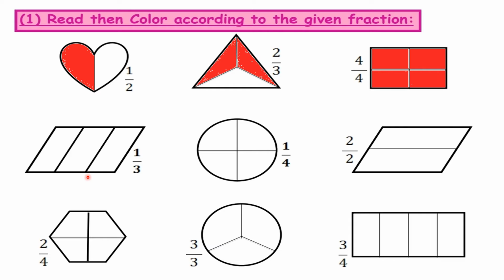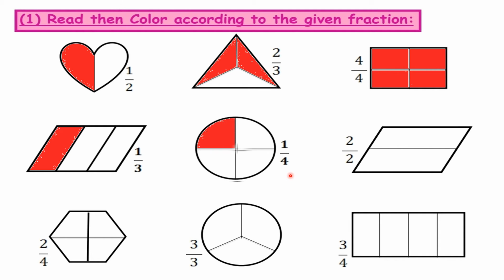Look here, divided into 3 equal parts, and I want to color 1 out of 3, so I will color only 1 part. And here I have a circle divided into 4 parts, and I want to color 1 out of 4, so I have only the fourth.